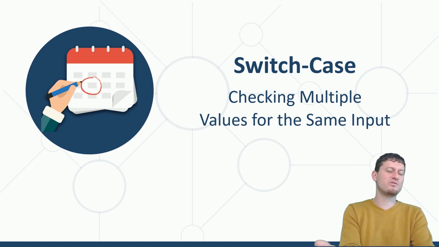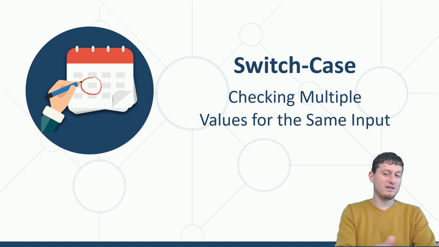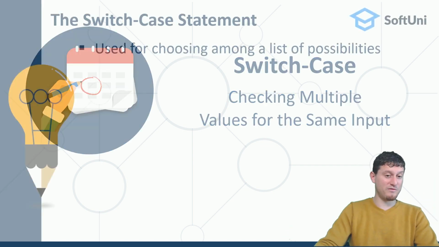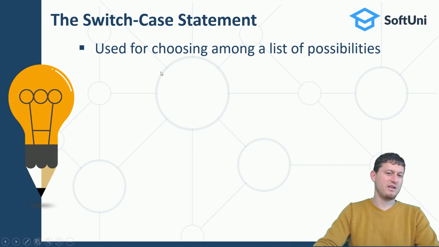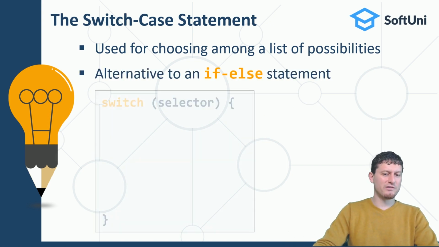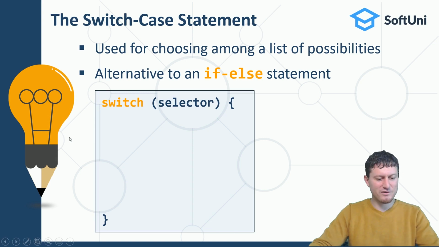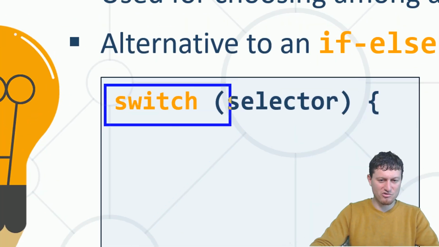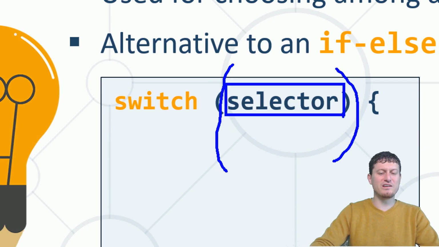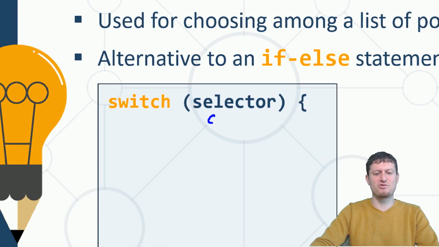If the age is 10 years, we print something else. This is a way to check the same input for multiple values. This is how this works. It's used for choosing among a list of possibilities. Alternatively to if-else, we write switch, and in brackets, we use the selector, which is an expression. For example, age. Switch of age.